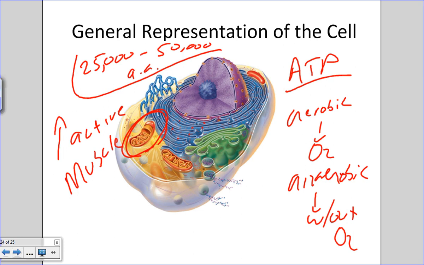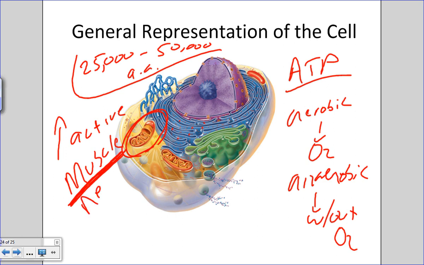It's a constantly active tissue. You burn a lot of calories at rest via muscle tissue. Plus, to sustain something like exercise and movement requires a lot of energy. As a result, you're going to need to produce a lot of ATP so you can perform work. So muscle cells have a lot of mitochondria.